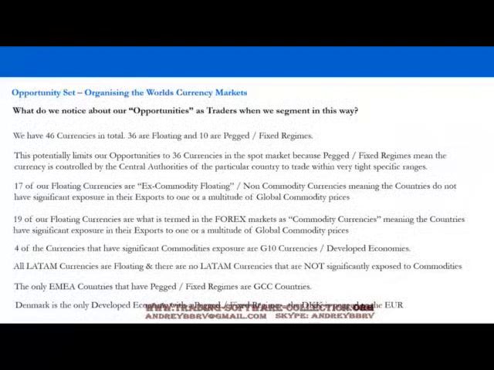So this potentially limits our opportunities to 36 currencies in the market, because the pegged or fixed regimes mean that the currency value is controlled by the central authorities within very tight specific ranges. What do we mean by that? Well, the central authorities themselves intervene in the currency markets, and they make sure that their currencies stay at a certain value.